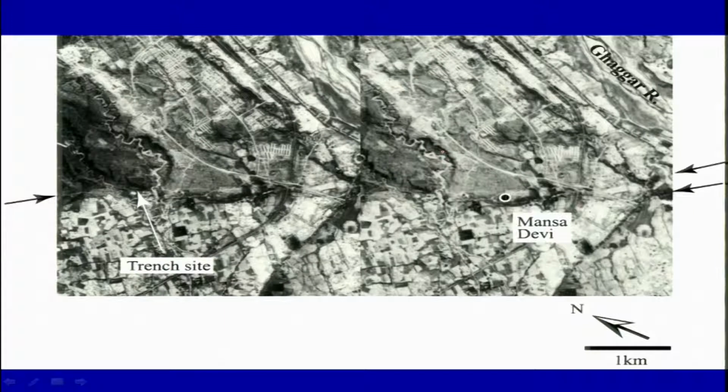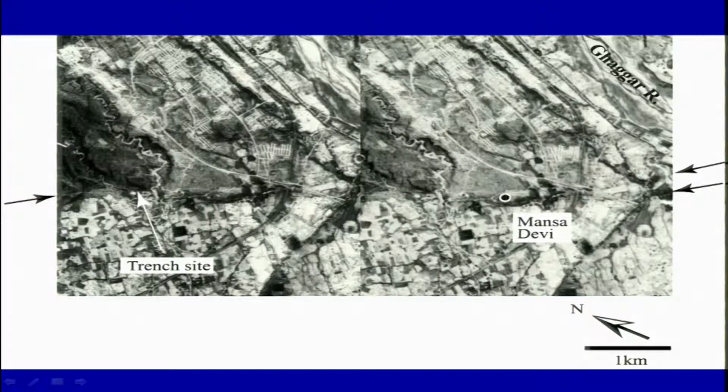Here, for example, you see this also the same, with some tonal variation, but in 3 dimensions you will understand that this is an elevated portion and this is the flat portion down here.